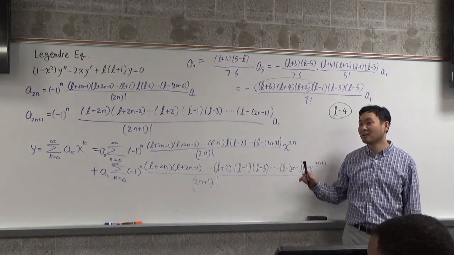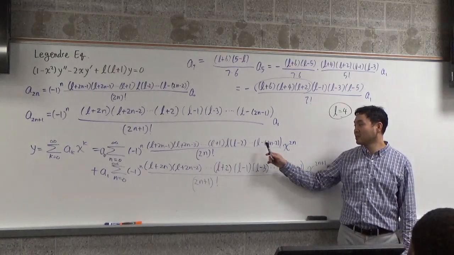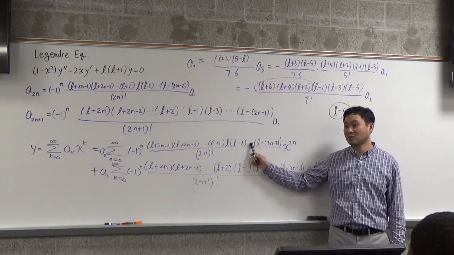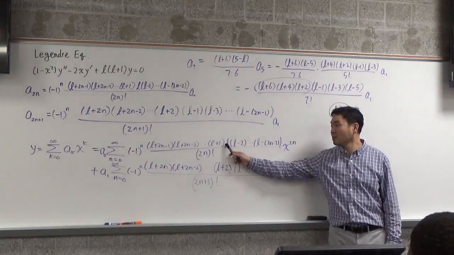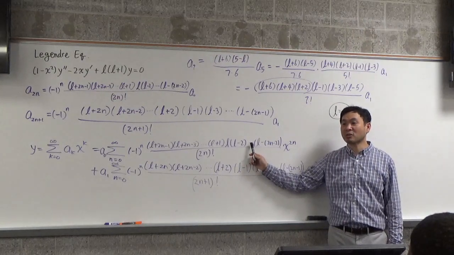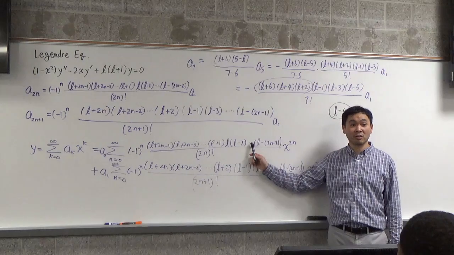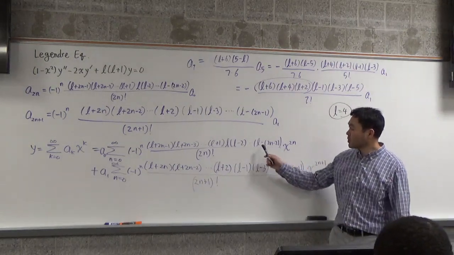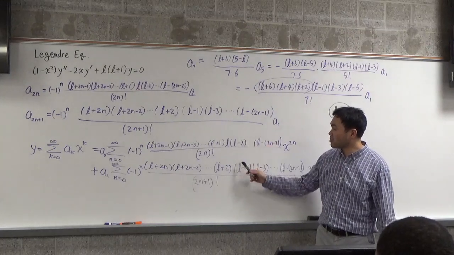This one. Why? What comes right after L minus 2? L minus 2, what's the next one? L minus 4. What's L minus 4? It's 0, right? So if L is 4, L minus 4 becomes 0.